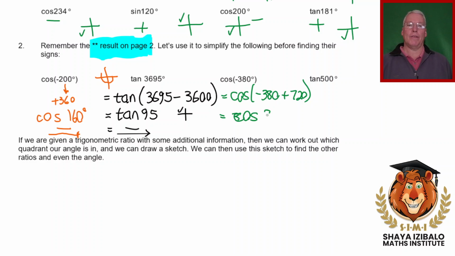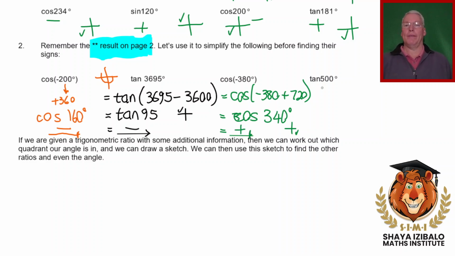Which quadrant are we in at 340 degrees? We're in quadrant number 4. Is cos positive or negative in quadrant 4? Cos is positive. There's our final answer.